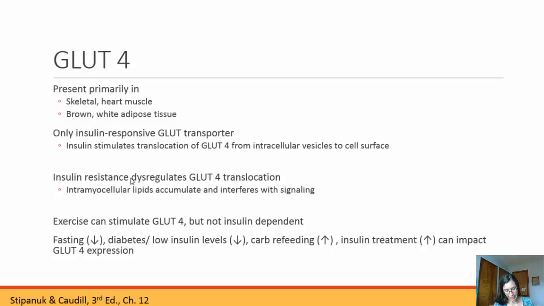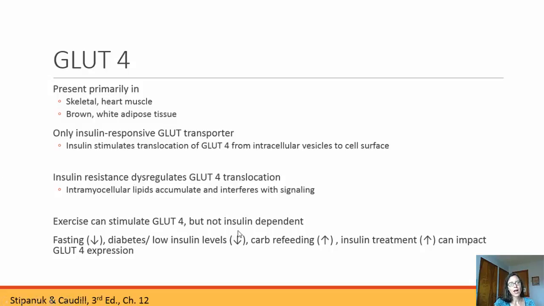So as we would guess, if we have insulin resistance, then we have impaired GLUT4 translocation. That's really part of the issue of why we can't get glucose into the cell when we have insulin resistance. We can stimulate GLUT4 through exercise, but that is not an insulin-dependent pathway.